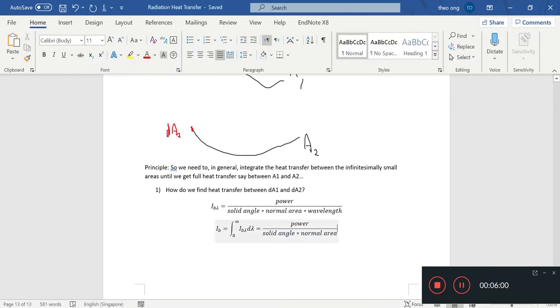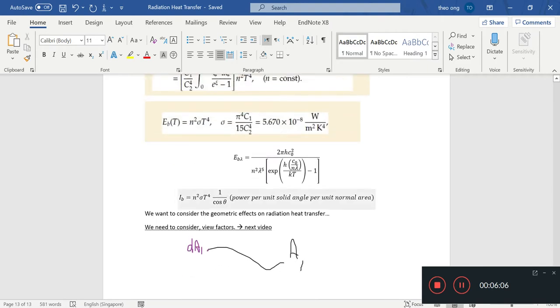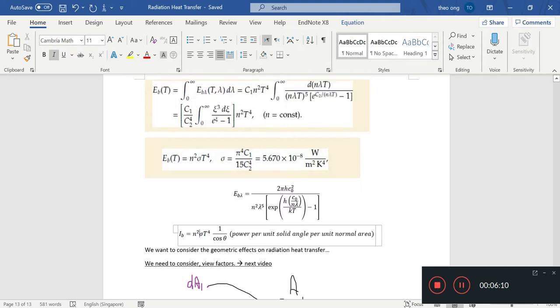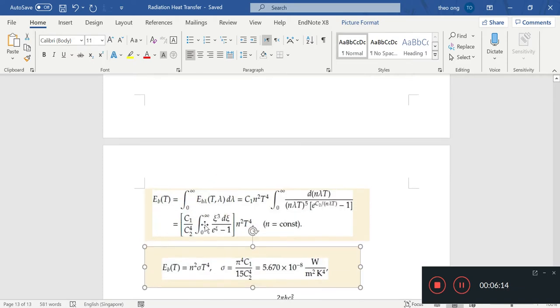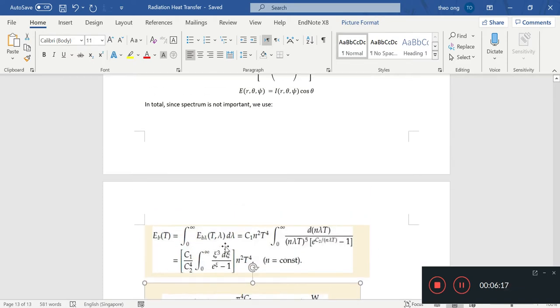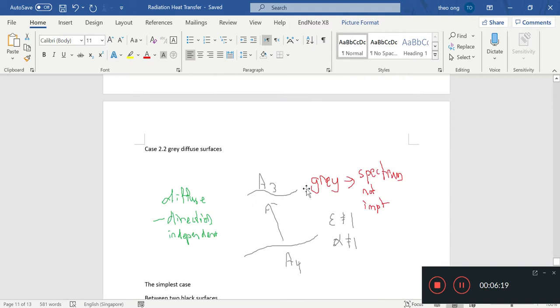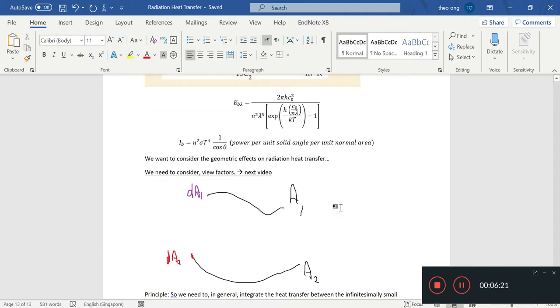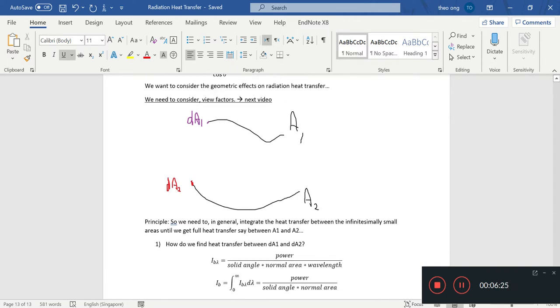This is where we start getting our sigma T to the fourth. If we consider the spectral black body emissive power, which is not intensity, by the way, this is where it comes in, and later we will try and do something about that.